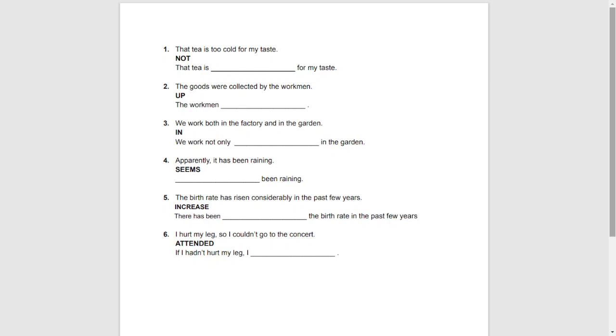We can use I could have attended, and then finish it with the concert. So we don't put a preposition there, in this case with attended. You don't say I attended to, you just attend, and then you say what you attended. So if I hadn't hurt my leg, I could have attended the concert. We have 5 words there, and we have the 2 points.